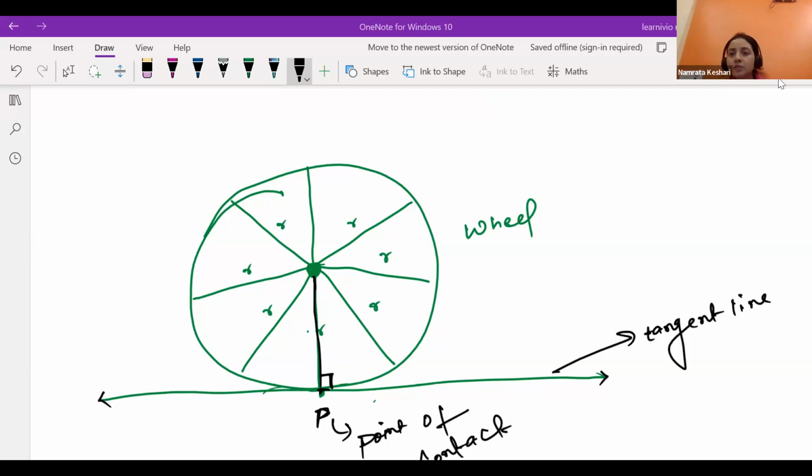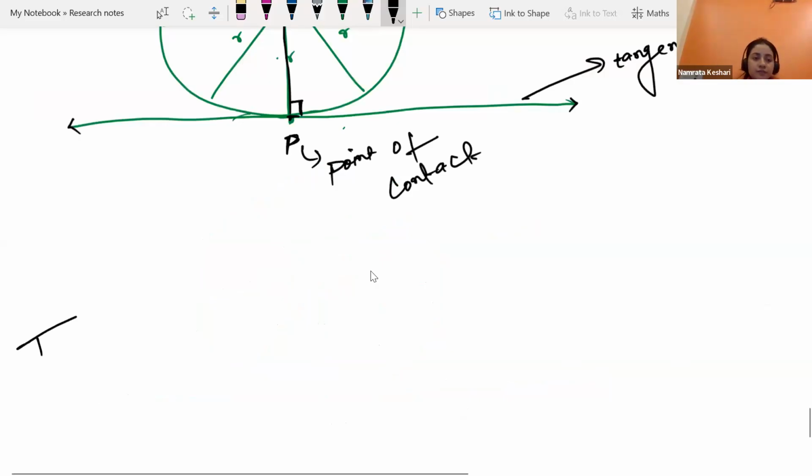So there is a theorem also which I am going to write on the screen.